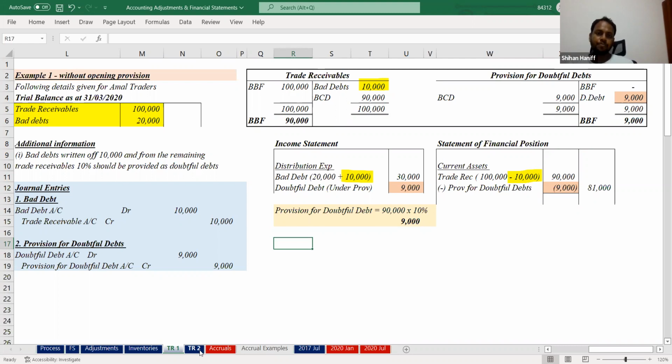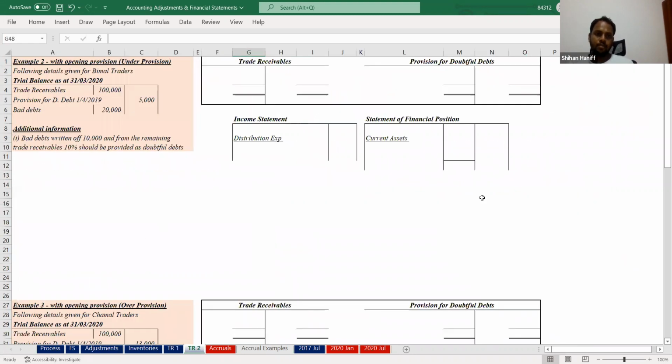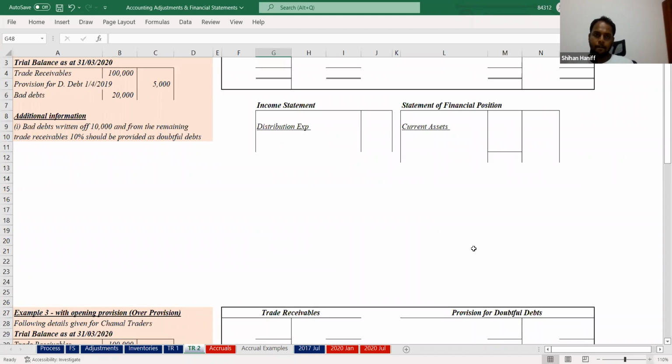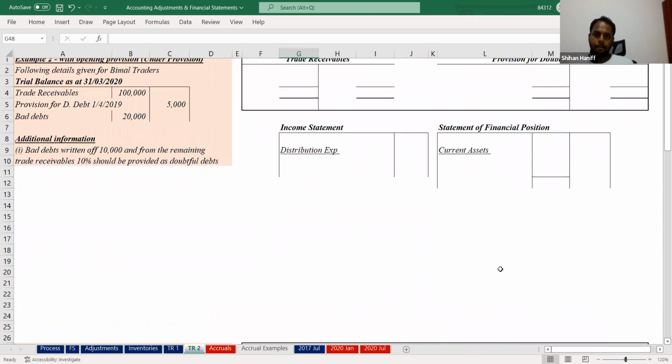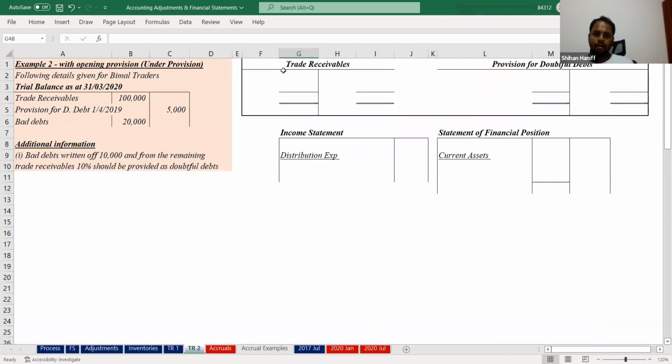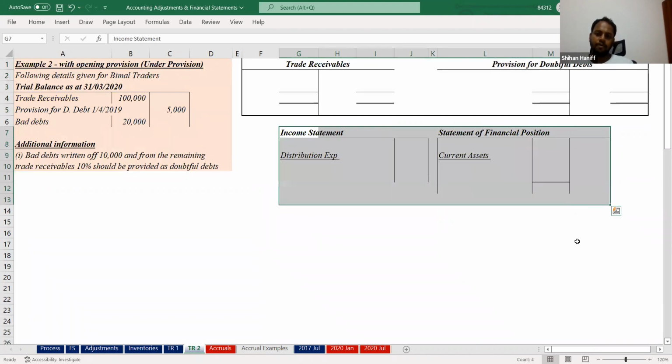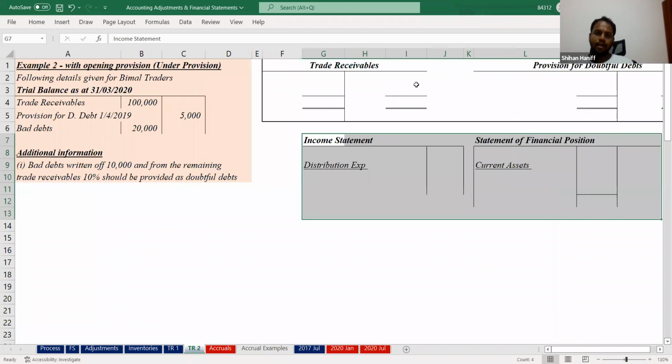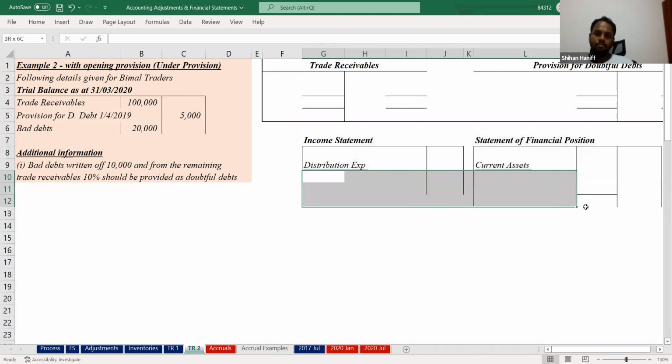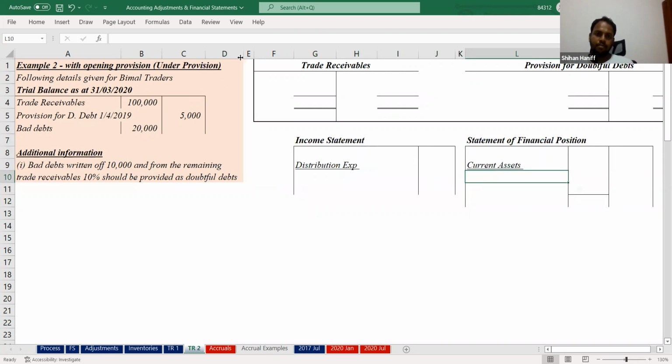Example 2. Can you all do this example? I'm not going to prepare the ledger account. I will prepare only the income statement and SOFP. Just take a few minutes and tell me the final balance, what goes to the income statement, and what goes to the SOFP. Tell me the answer.